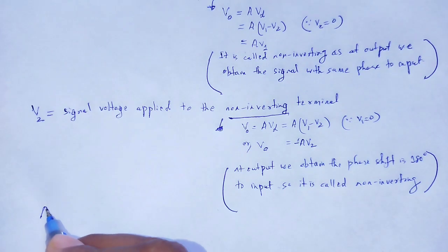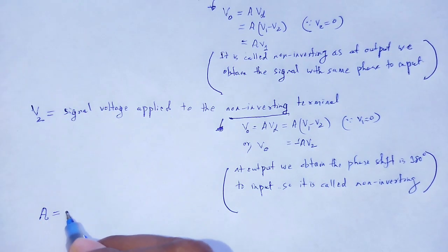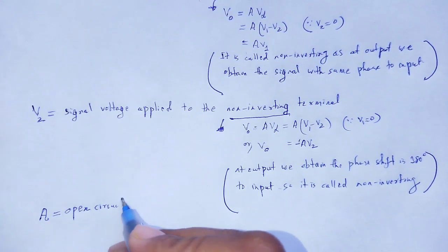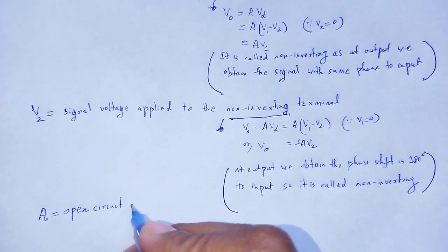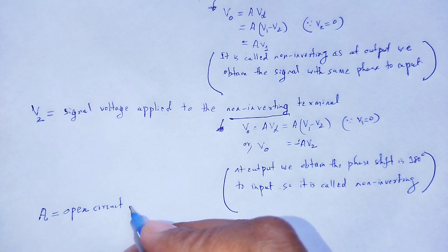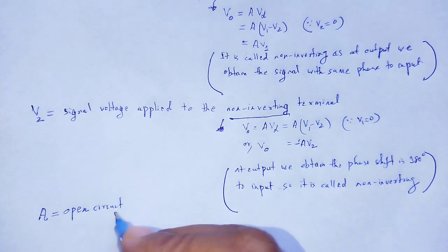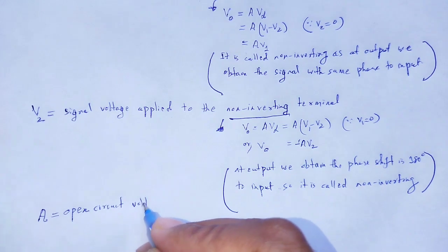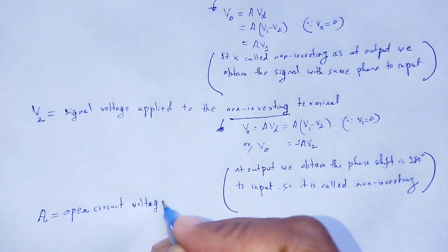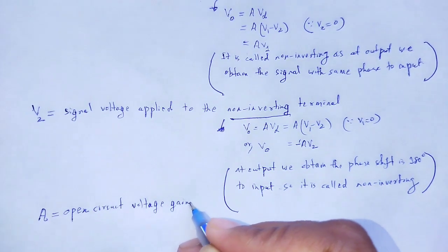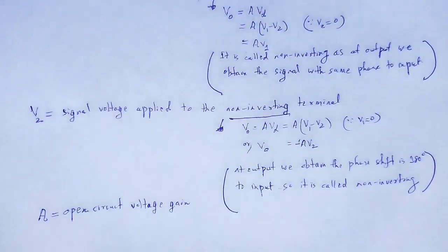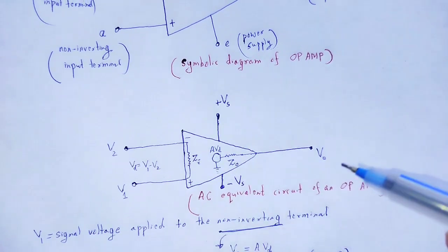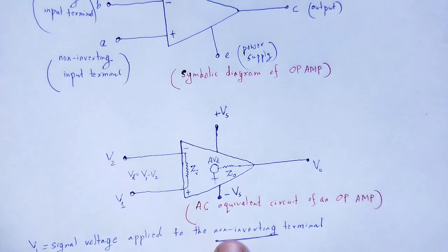And the term A is called the open circuit gain, the open circuit or open loop voltage gain. Why is it named like this? Look at that symbol.